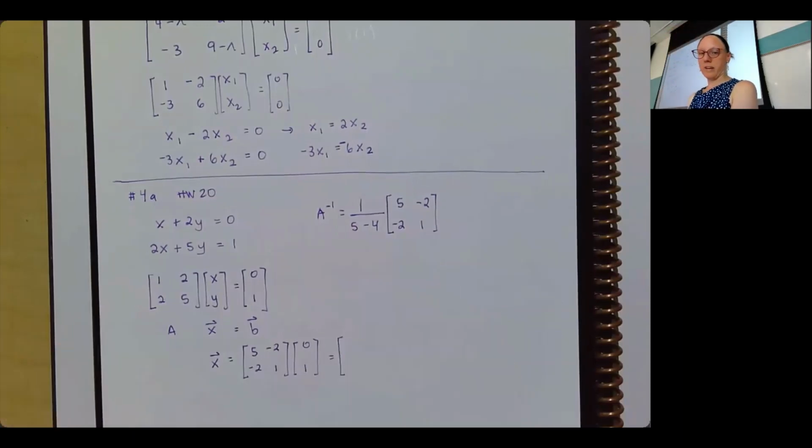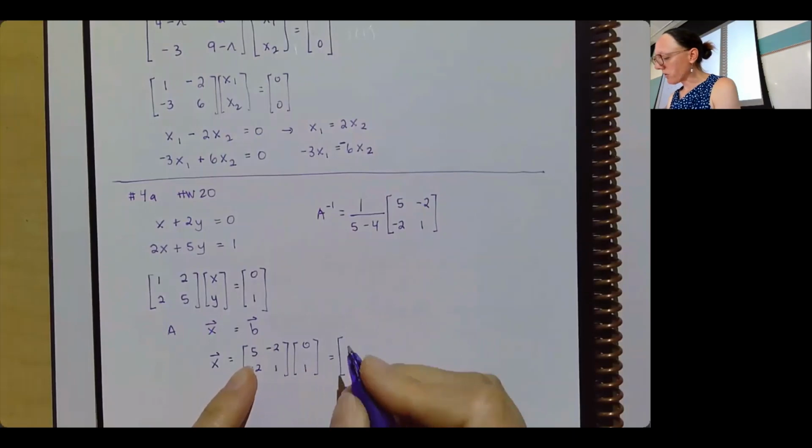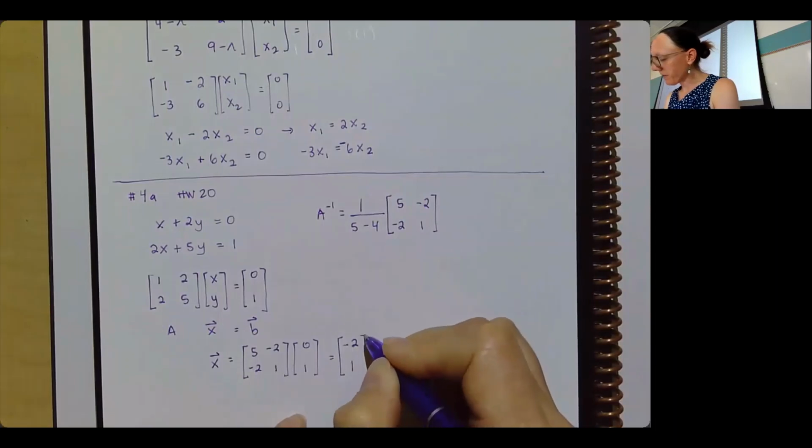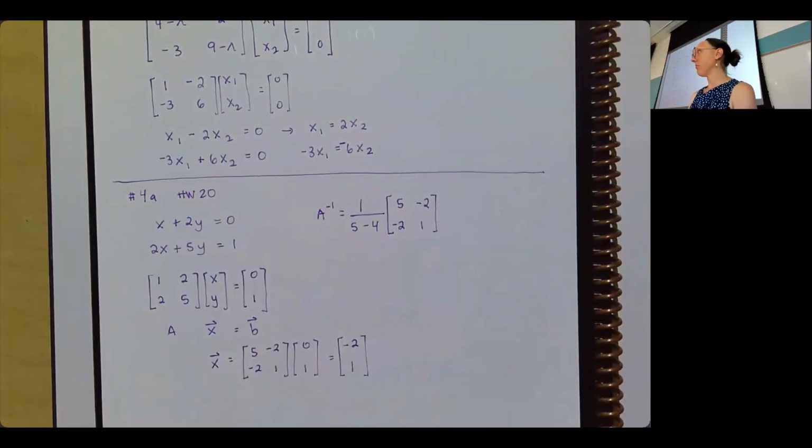If I do that multiplication out, looking at 5 times 0 plus -2 times 1, -2 times 0 plus 1 times 1, and I get -2, 1. Now I can always check that that's a solution.